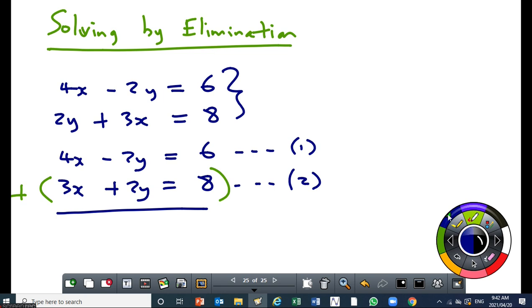So when I do that, 4x plus 3x will give me 7x. Minus 2y plus 2y will give me what? 0. 6 plus 8 will give me a 14.